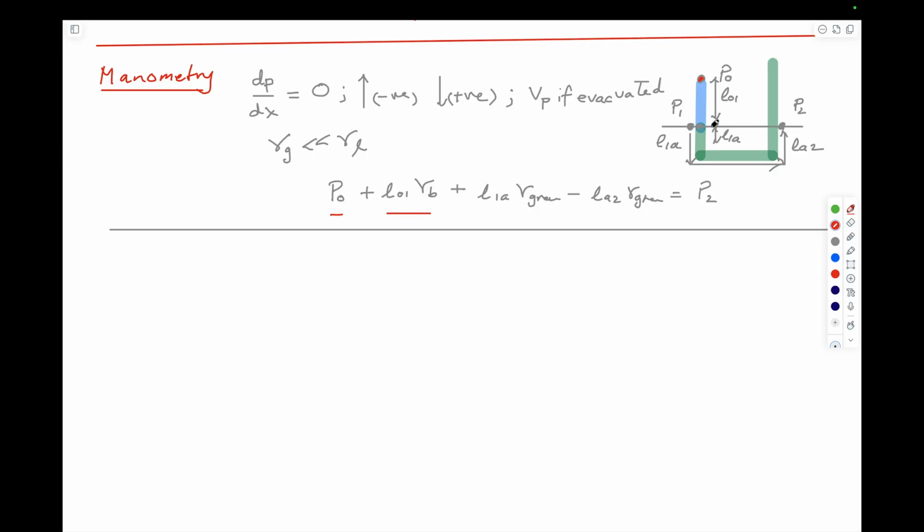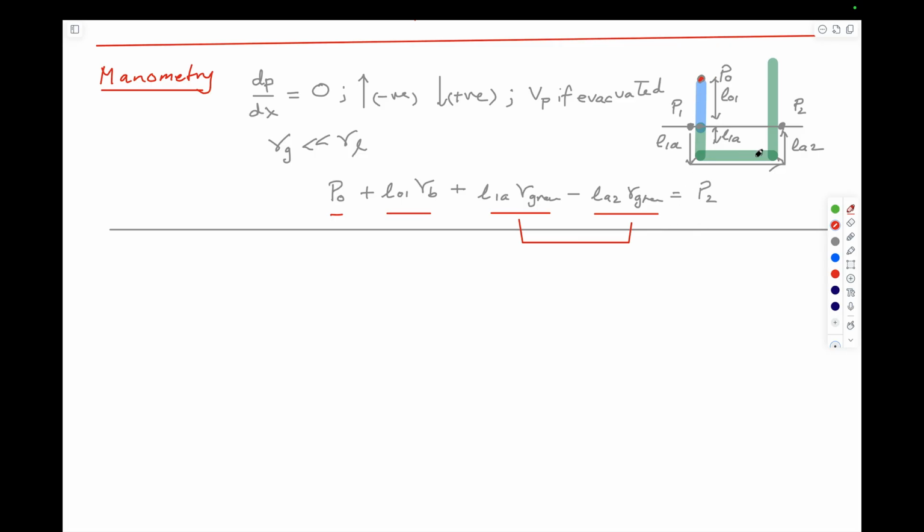If you're going to this point here, you could just realize that they're the same pressure, or you could go down and subtract the length times the unit weight for the green fluid, and then go up, add the unit weight for the green fluid and go up and subtract that magnitude. These two, of course, will cancel out from each other, and then you find yourself at this location, and that is the pressure at point P2.